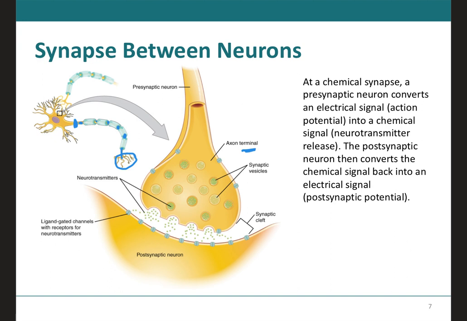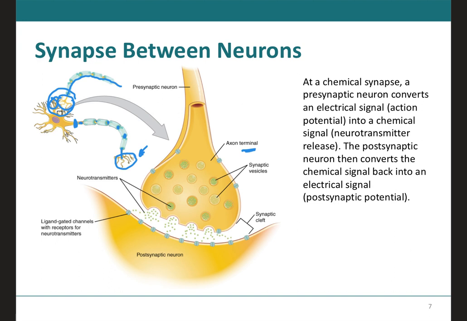What's happening on this terminal end is the same thing that's happening right over here. The action potential came down the axon all the way to the axon terminal, and now it's synapsing with either the dendrite or the cell body.